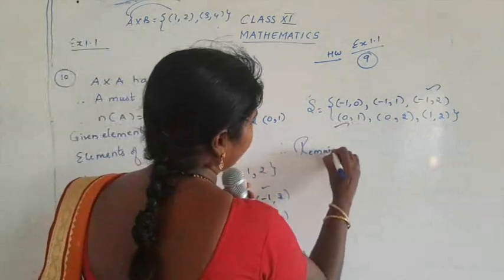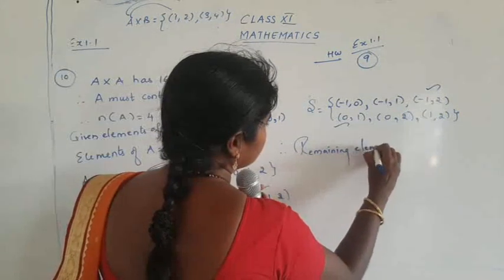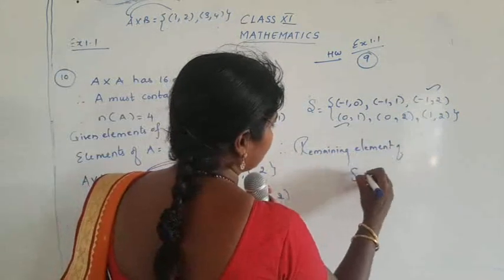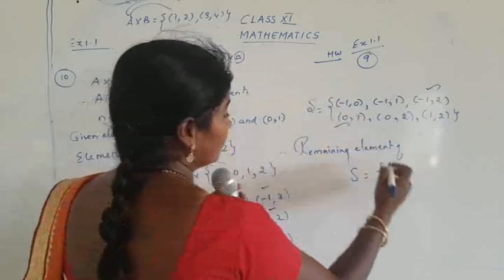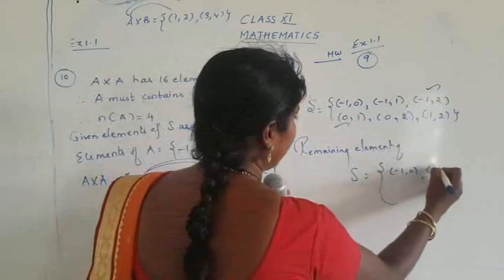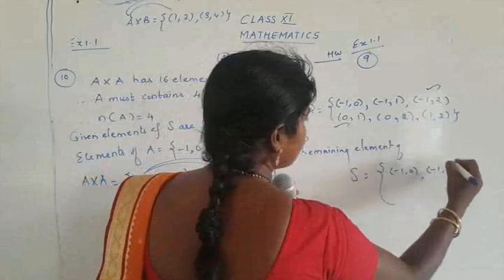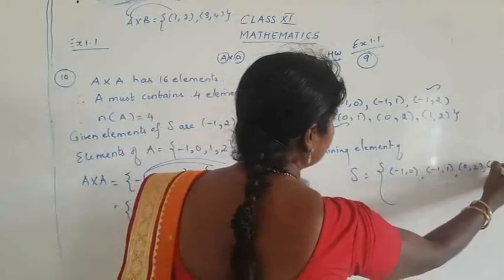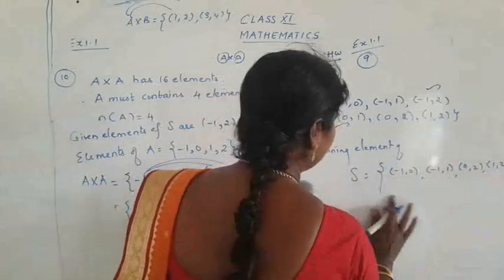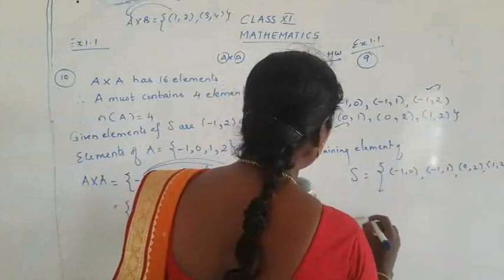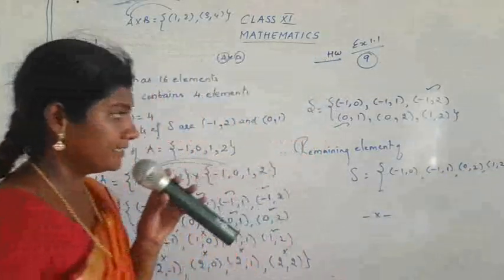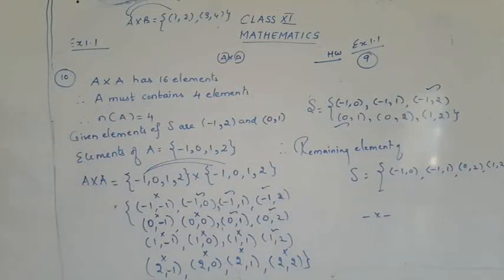Therefore, the remaining elements of S are (-1, 0), (-1, 1), (0, 2), (1, 2). So with this, we complete our exercise 1.1. What was the homework given to you? Sum number 1.9. And what was the assignment given to you? The solved examples from 1.1 to 1.9.